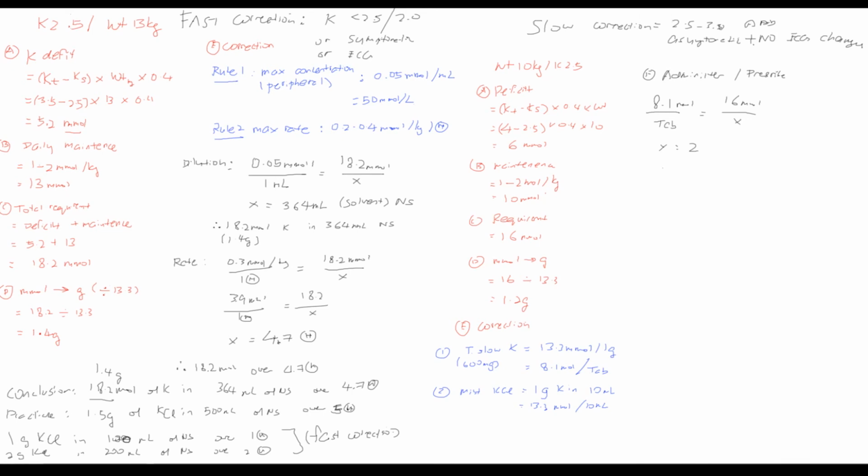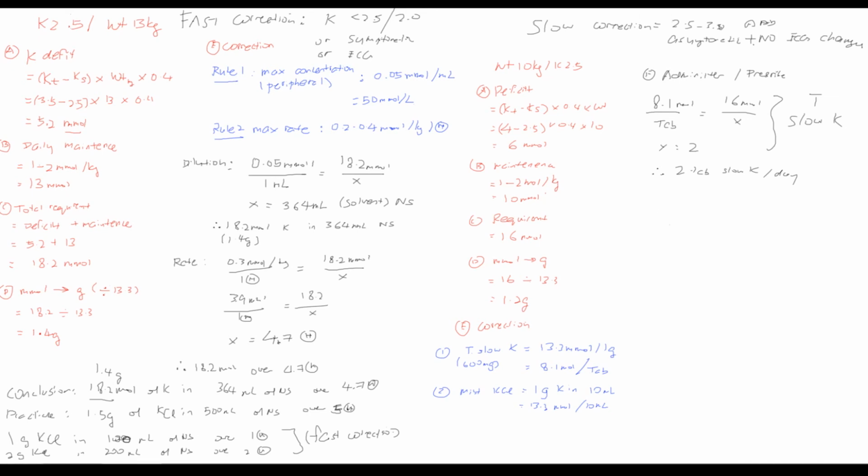So this means that we'll need 2 tablets of slow K to correct for this patient per day. This is for slow K. What if we want to correct using mist KCl?